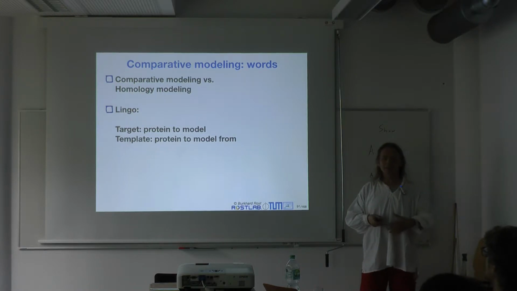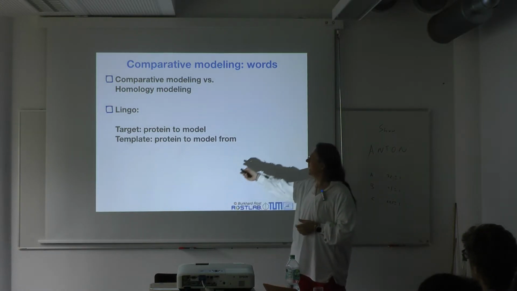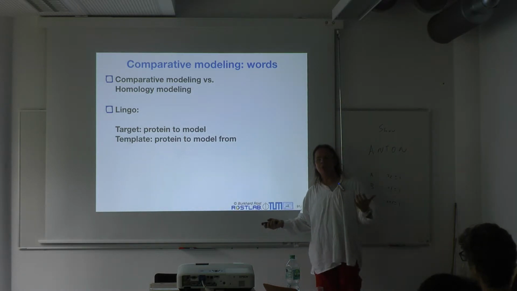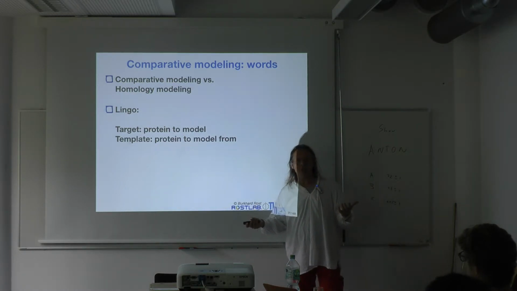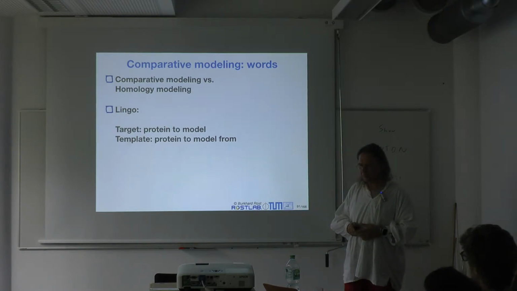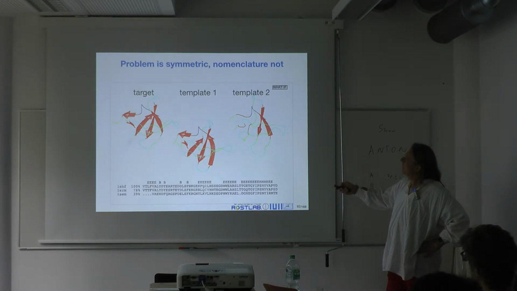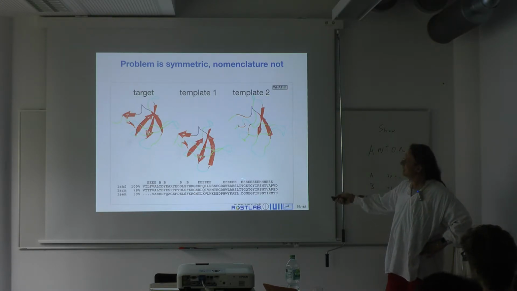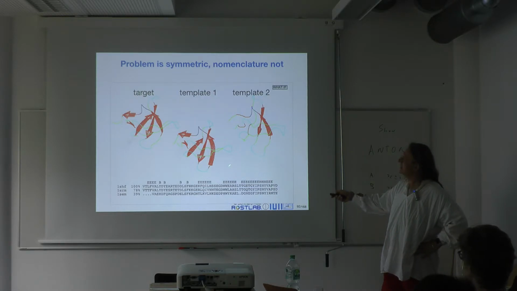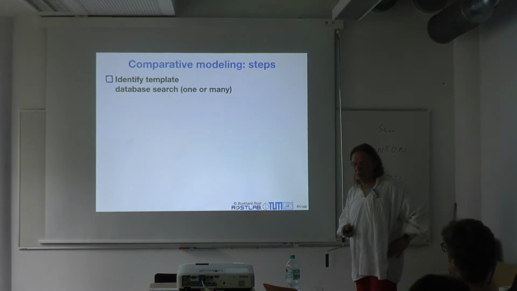A template is the structure that you have. In this particular case, for instance, you may want to model RASH or RAP, and you have the fly protein structure. So, say you wanted to model this one, and you had these two here. You found out from the sequence alignment that these two are similar. Then you could use either of those two.